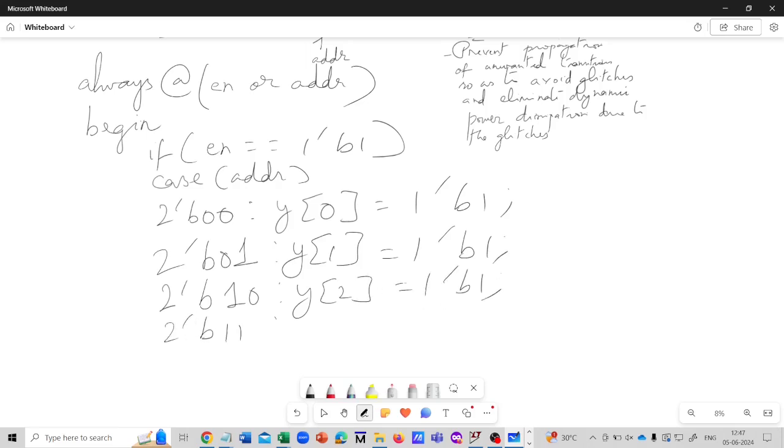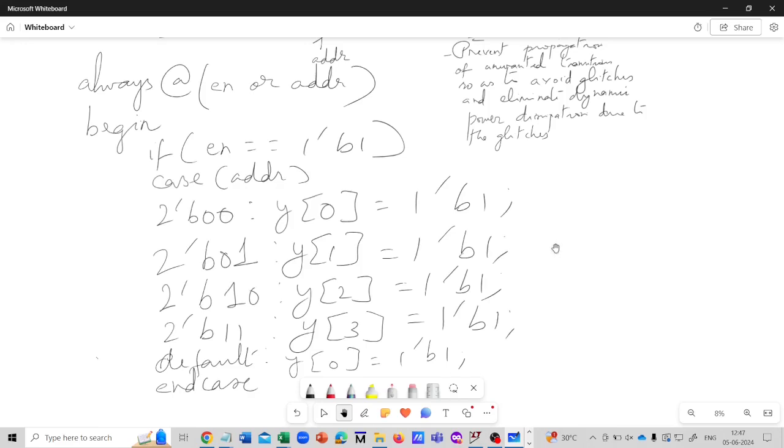And finally, when the address is 1, 1, the output y3 is asserted. And of course, you may have a default declaration, say y0 is 1, or you can even leave it blank.